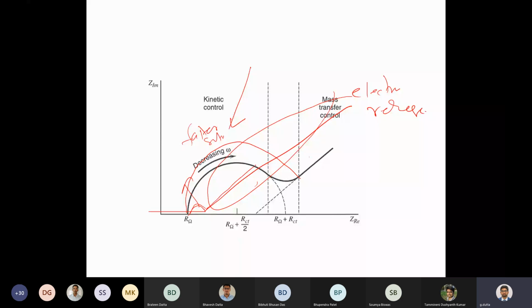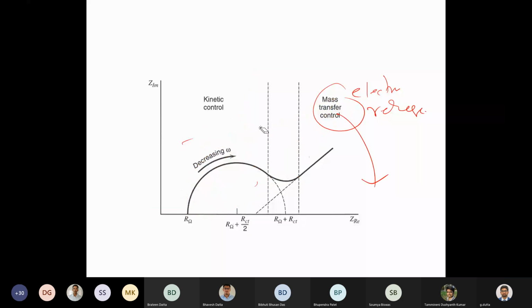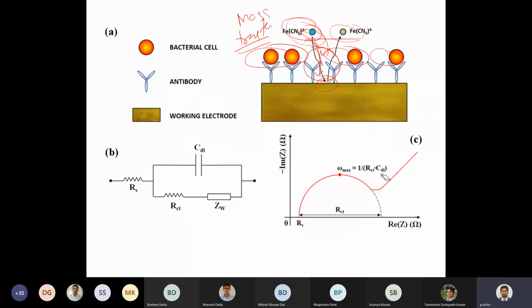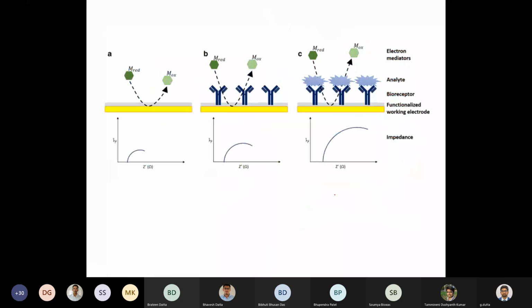So I will give you an example. Suppose here, this one, right? This is a better example. See, this is only a blank surface. I mean, almost you can say there is no antibody, nothing, only the electrode, only your transducer. Actually, there we didn't draw the straight line here.